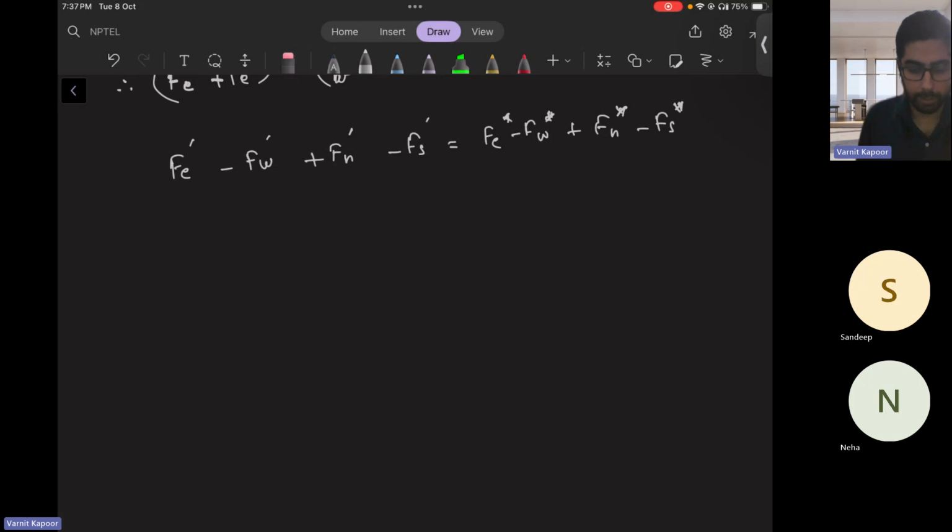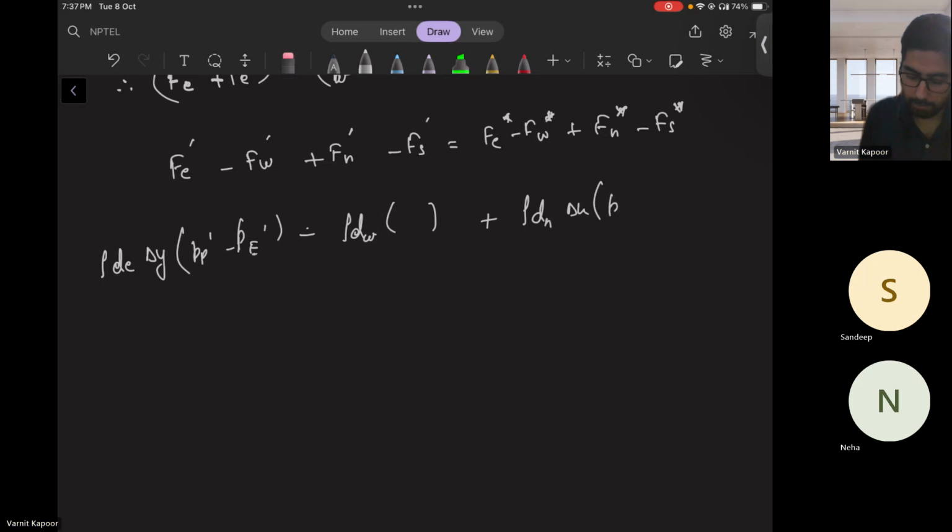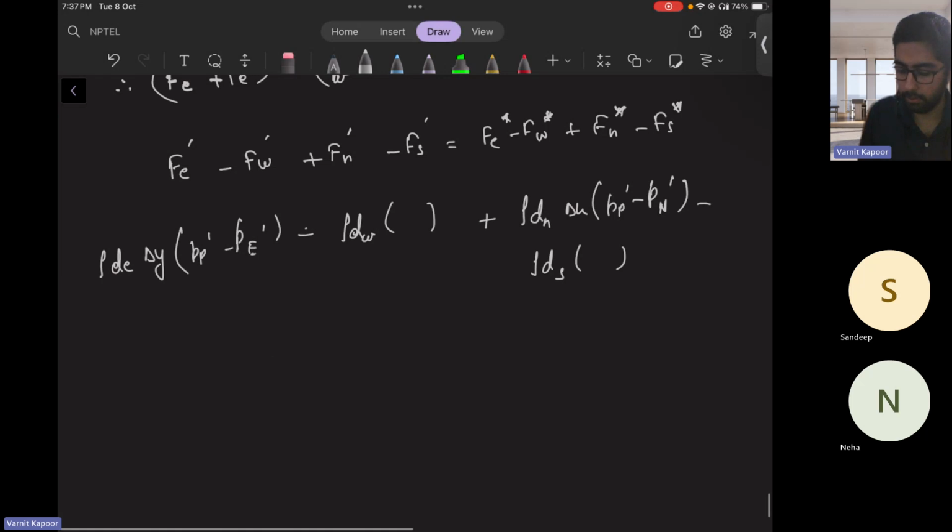After substituting, you will get rho dE del y, PP dash minus PE dash, minus rho dW and so on, plus rho dN del x, P dash minus P naught dash, minus rho ds into the value is equal to Fe star minus Fw star plus Fn star minus Fs star.